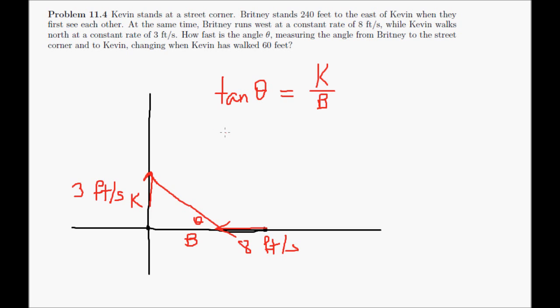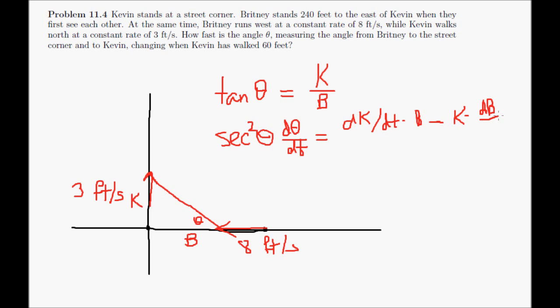So taking the derivative, we get that secant squared of theta times d theta dt is equal to derivative of the top times the bottom minus the top times the derivative of the bottom over the bottom squared.